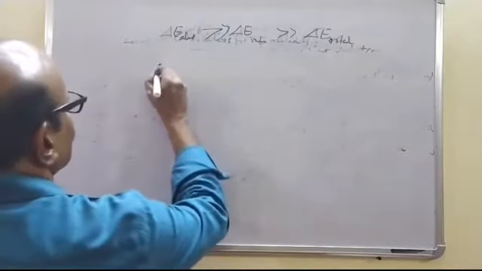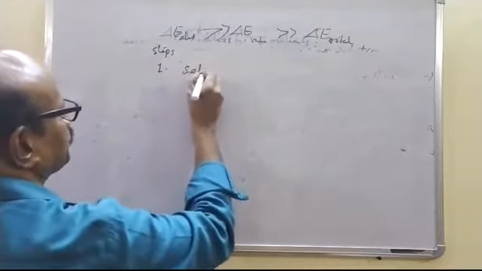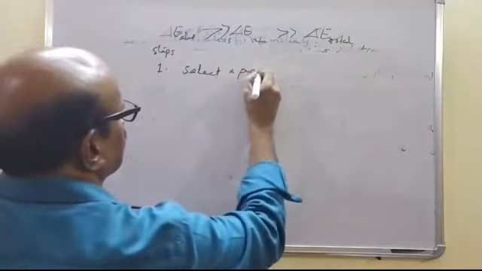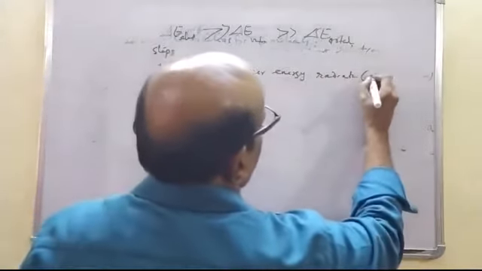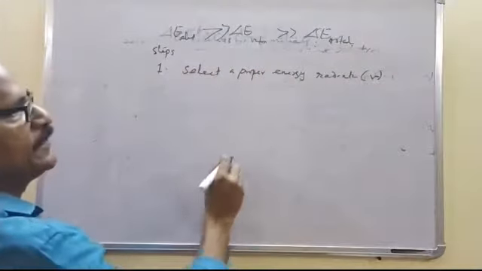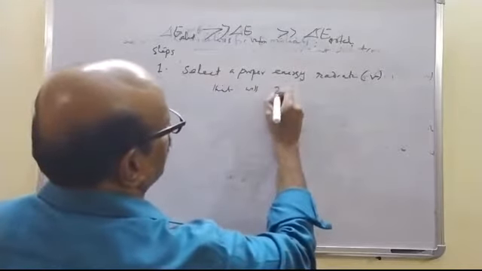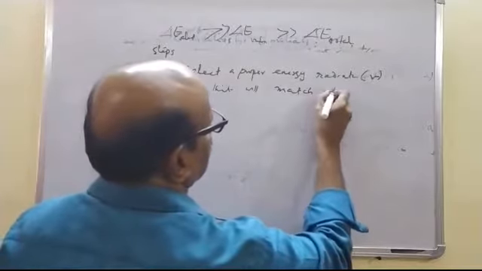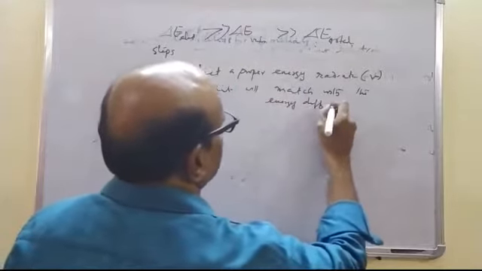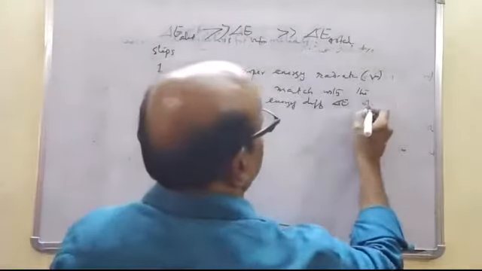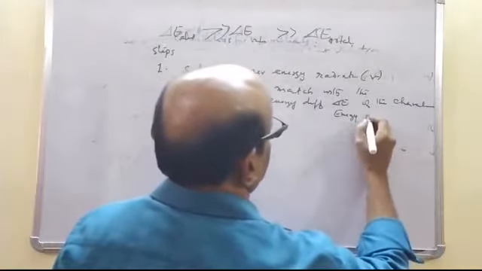The first step in spectroscopy, step 1, is to select a proper energy radiation having proper frequency that will match with the energy difference delta E of the characteristic energy level of the molecule.